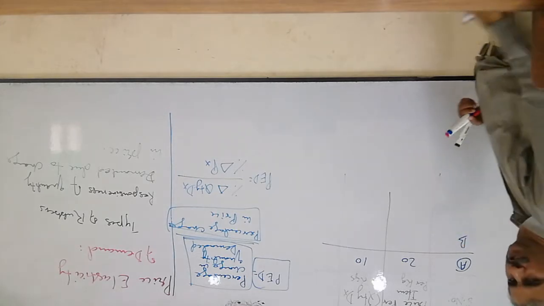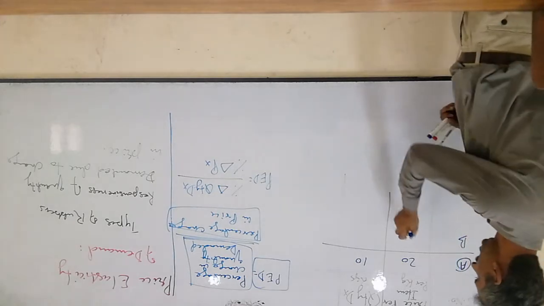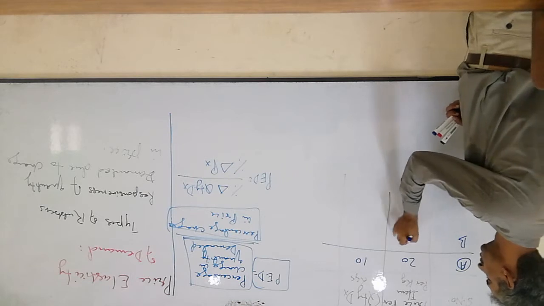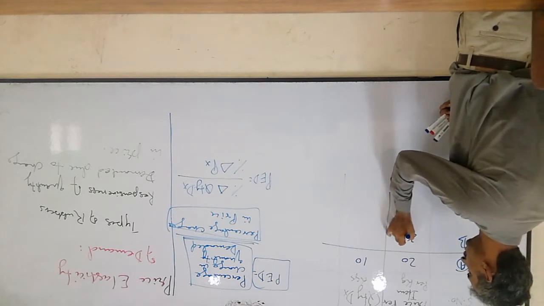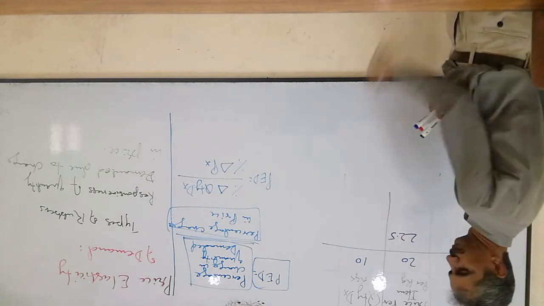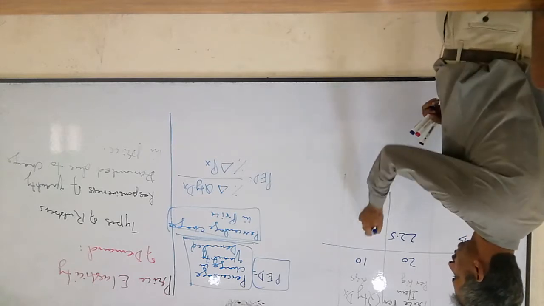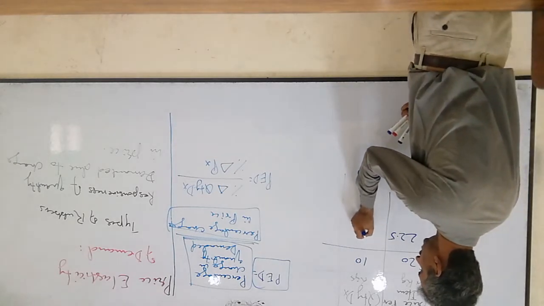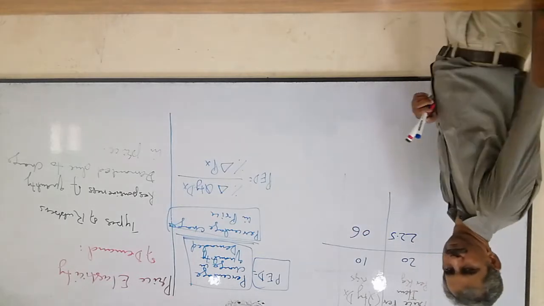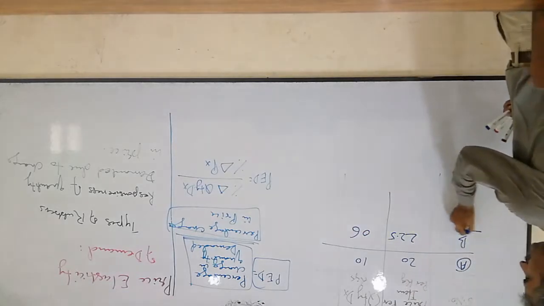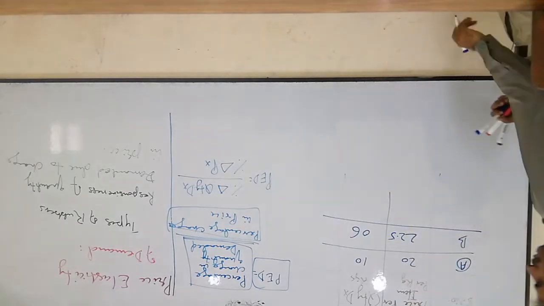At point B, suppose the price is 22.5 rupees, the quantity will be 6. This is one example.